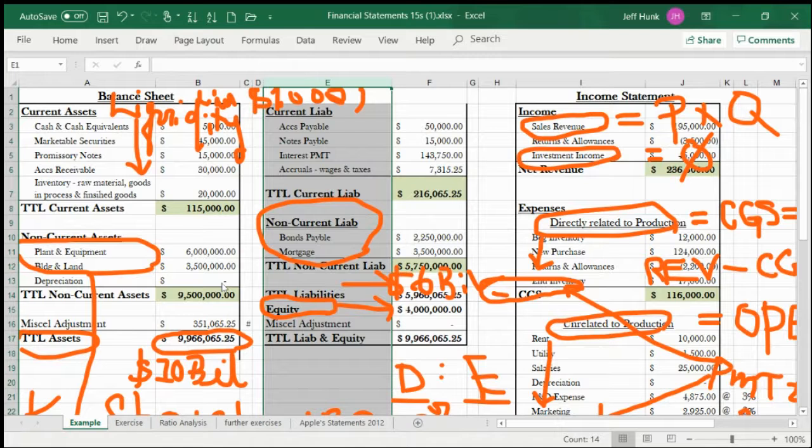But then the value of the asset naturally decreases because as you use those assets, due to wear and tear, it's aging simply. As you use the assets, they wear and tear, so the value goes down.